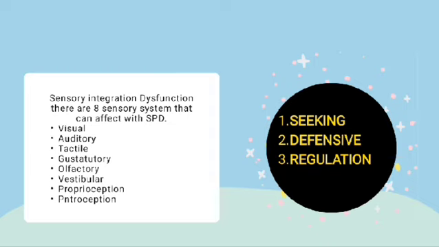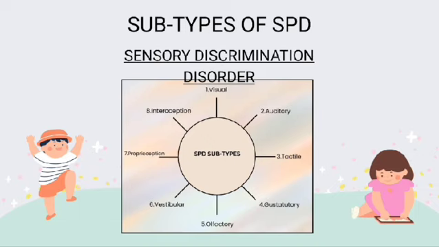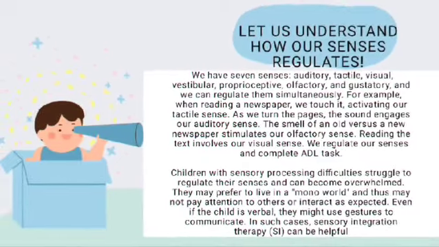So let us understand. This is the sensory discrimination disorder, and these are the 8 senses. Let us understand how our senses get regulated. We have 8 senses: auditory, tactile, visual, vestibular, proprioceptive, olfactory, gustatory and interoception.